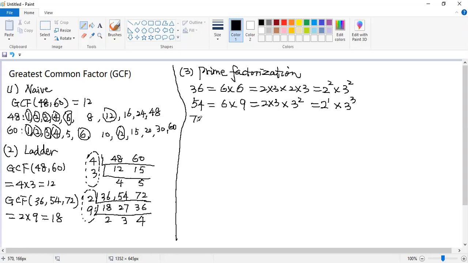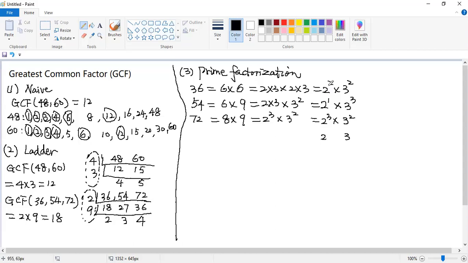And 72 equals 8 times 9. So 8 equals 2 cubed, and 72 equals 2 cubed times 3 squared. We look at those prime factors common to all numbers. So they are 2 and 3. And we pick the lowest exponent.